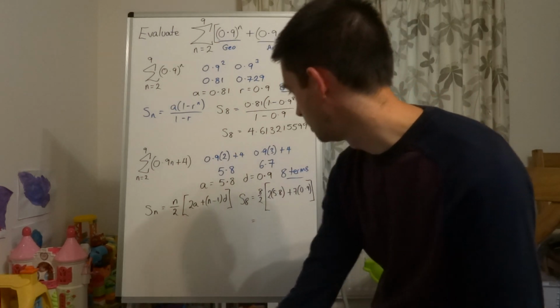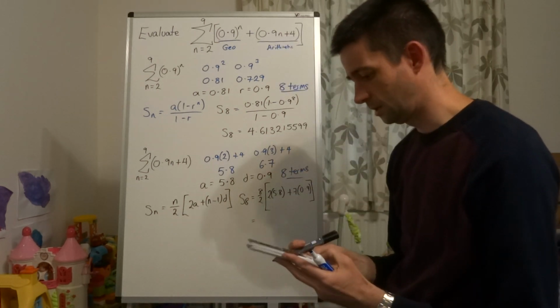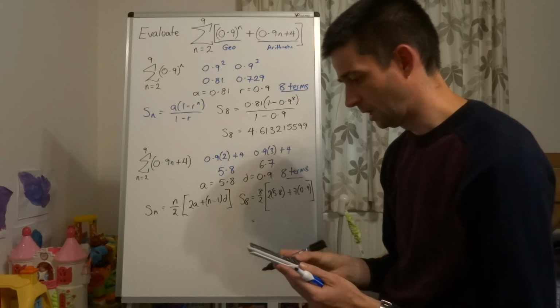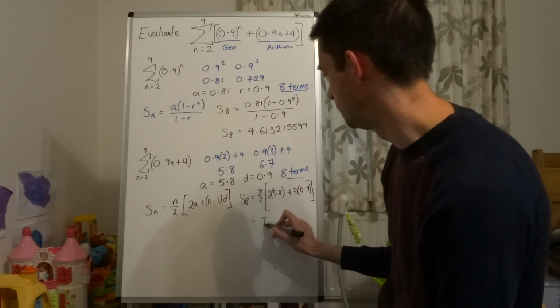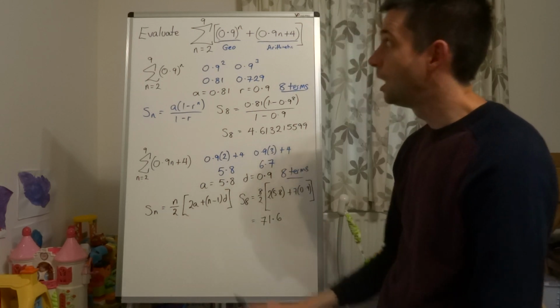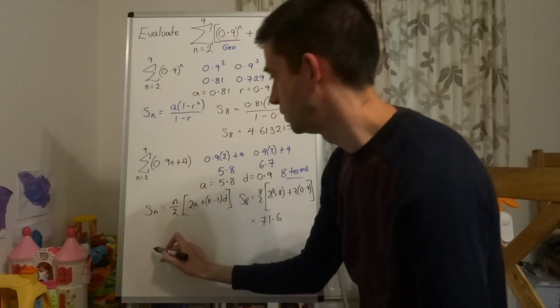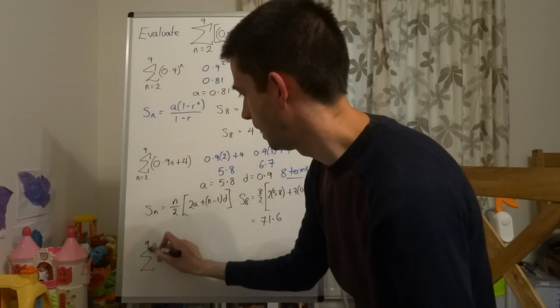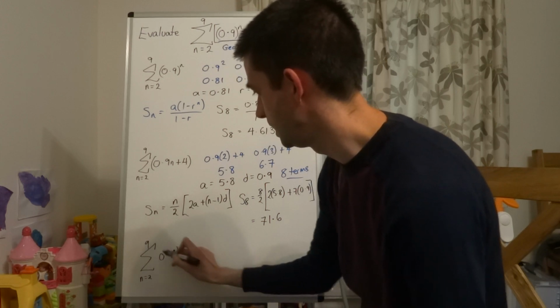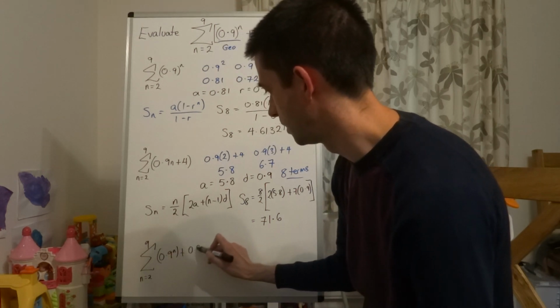So I'll just work that out on my calculator. So 6 plus 6.3, multiply that by 4. We get a slightly nicer answer, which is 71.6.